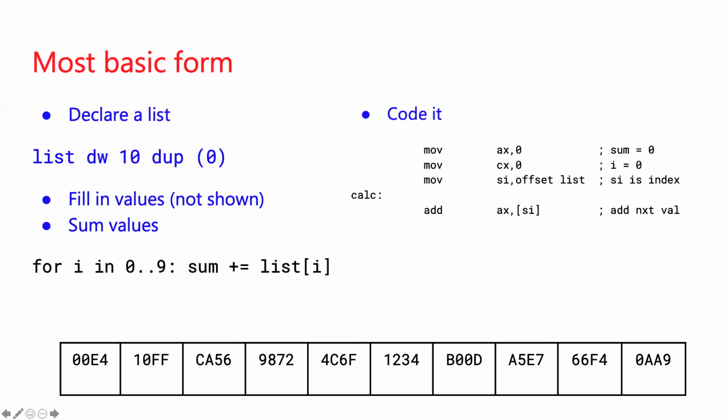We made this list as a bunch of words, so each of them is 2 bytes. This is going to go get a word out of the memory pointed to by SI, because that's what we said to add to. Since AX is a word-sized register, it'll go get a word of memory starting from address SI, so that one word right there, and it'll add it to AX.